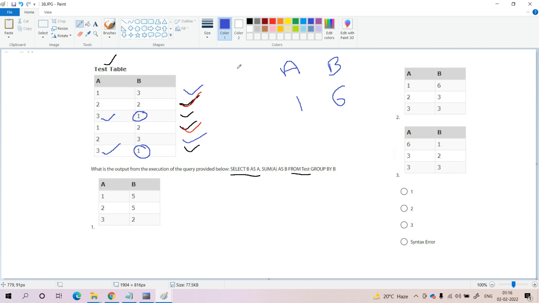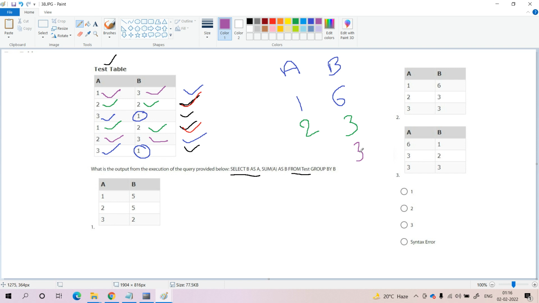Next, for group 2, what is the sum of A? 2 plus 1, 3. We need to consider it as B. For this group 2 in the B, we need to consider it as A. Next, for group 3 in the B, we need to calculate the sum of A. 1 plus 2 you will get 3, and take it as the B value.